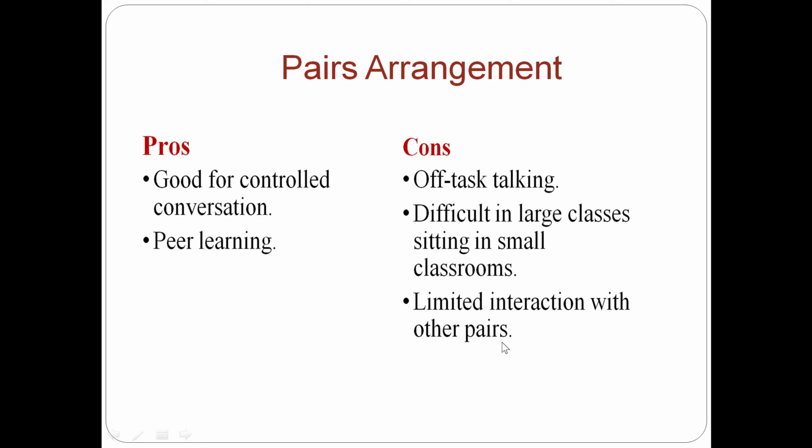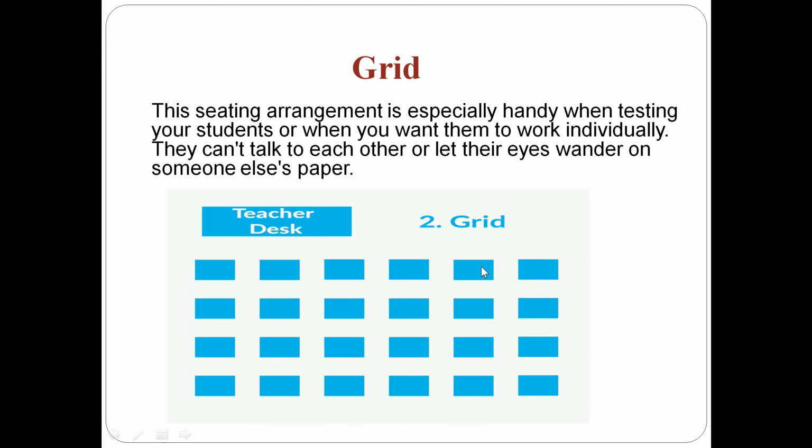For example, if two students are good friends and they are sitting together in a pair, there will be very limited interaction of these two students with the other students in the classroom. So off-task talking is also included here.